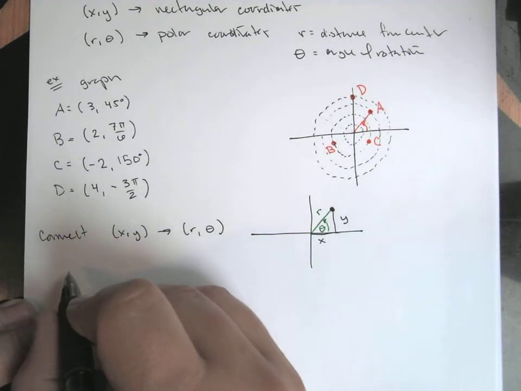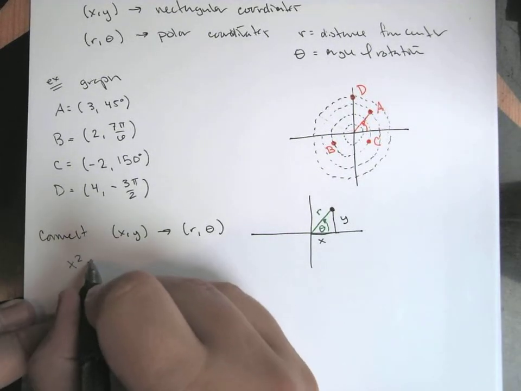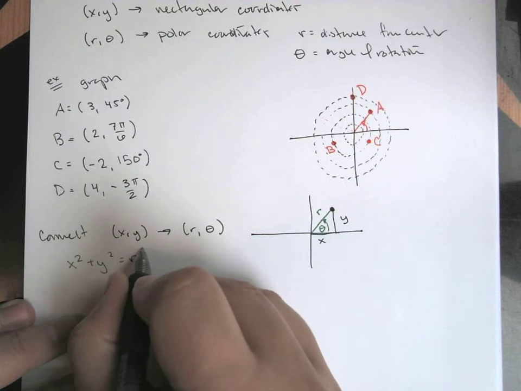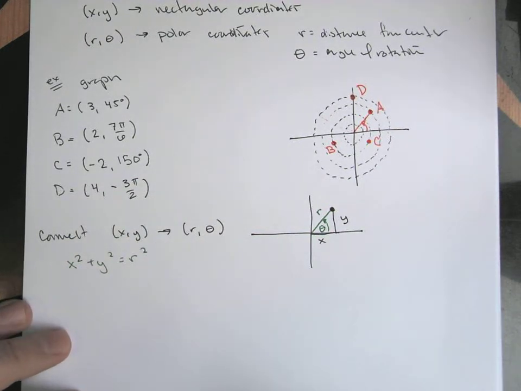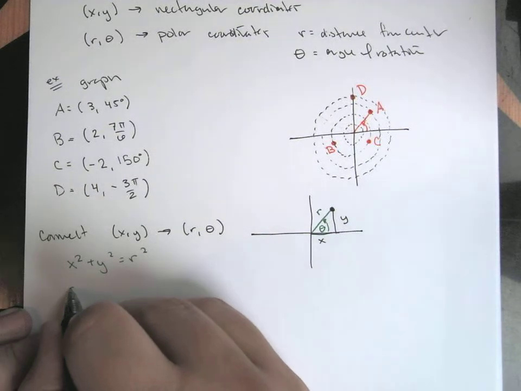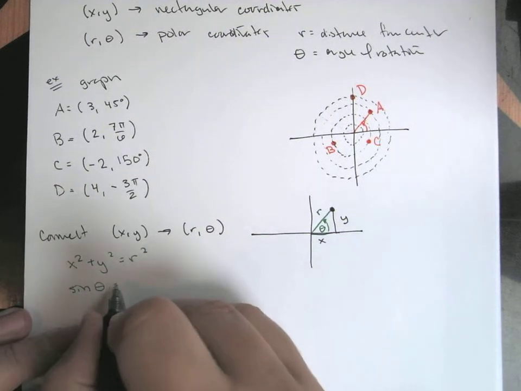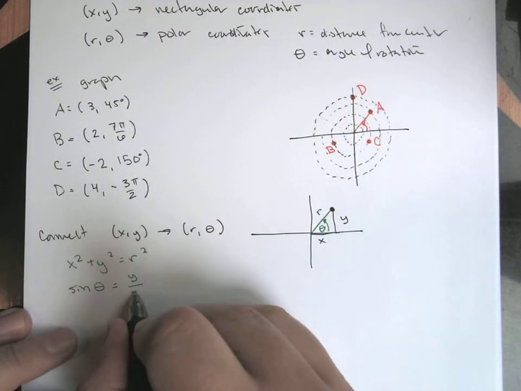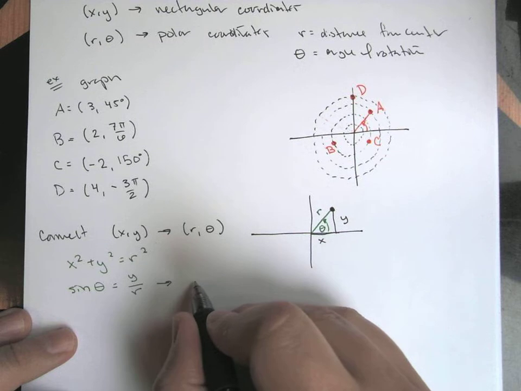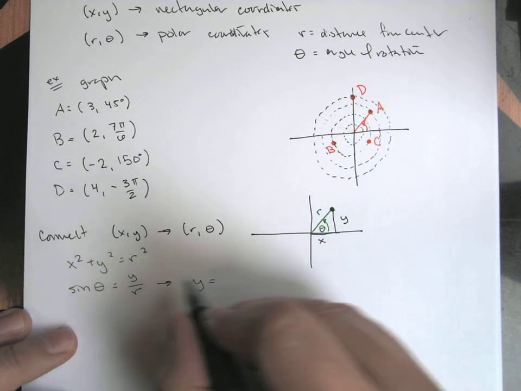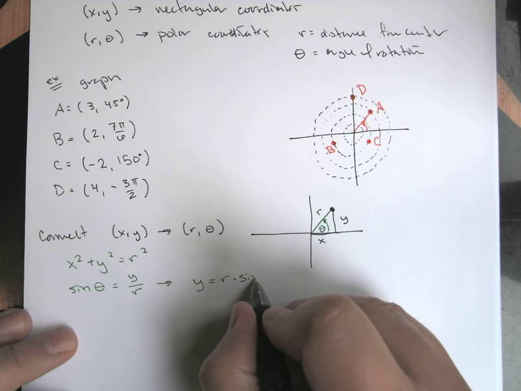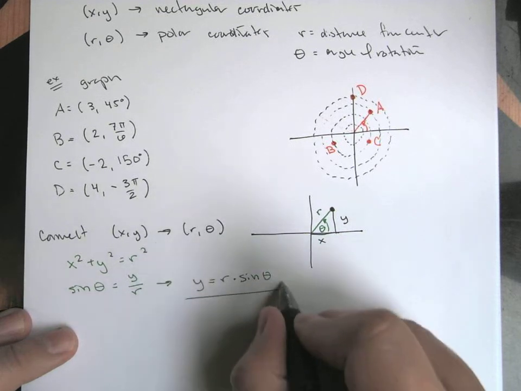That means I have a Pythagorean theorem type relationship: x squared plus y squared would be r squared. I would end up with some SOHCAHTOA type relationships. The sine of the angle would be the y value divided by the radius, and if we cross multiply, the y value would be the radius times the sine of the angle.